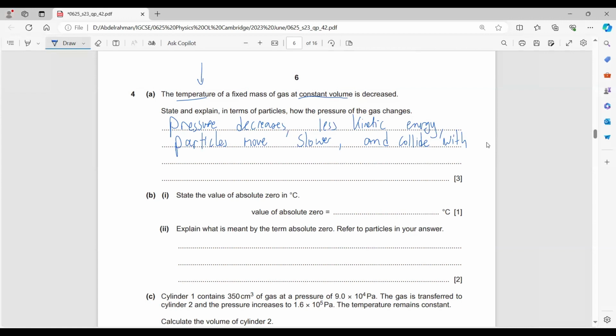You have to say that they collide with the walls or whatever, but never say that they collide with each other. Okay. And they collide with the walls with less force and less frequently, for example. Okay?